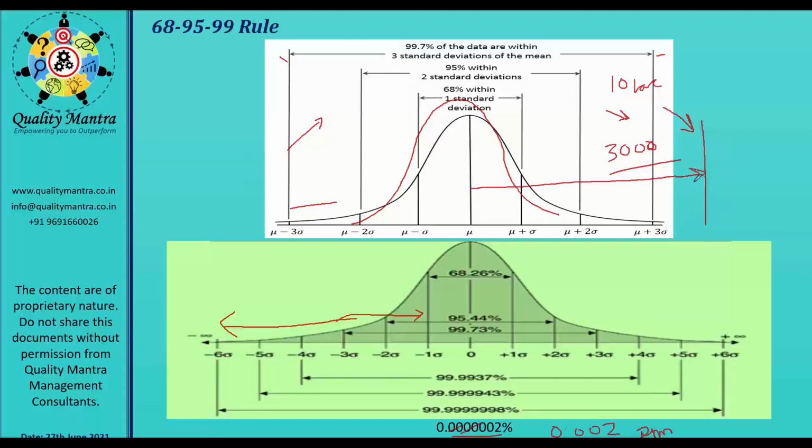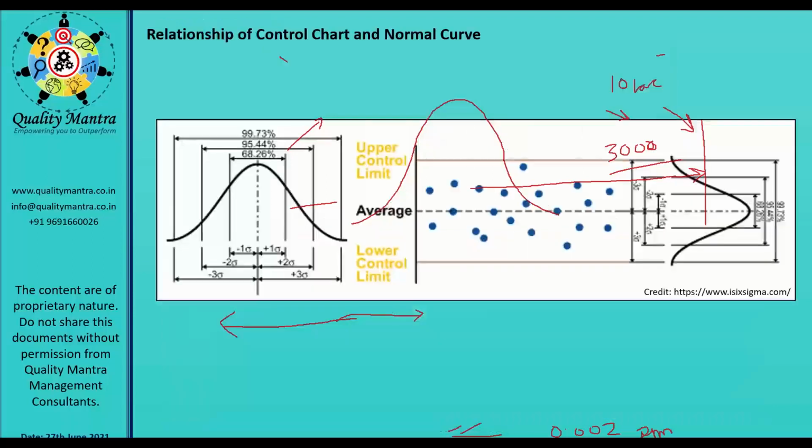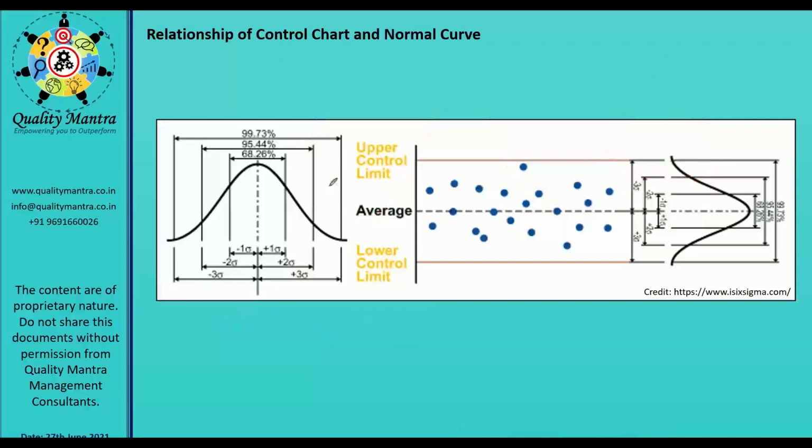Your specification limits are placed at 6 standard deviation. Here it is 3 standard deviation. Here your specifications are placed 6 standard deviation from the process data. Then the chances are very, very less that you produce defective parts.